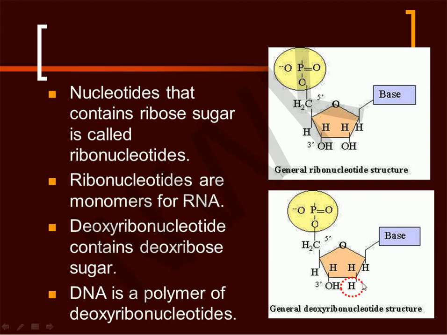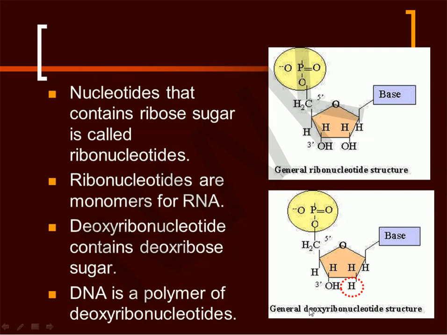So that's why in DNA this 5-carbon sugar is known as deoxyribose sugar, while in RNA this sugar is known as ribose sugar, or ribose. The difference is that in DNA, the 5-carbon sugar at carbon number 2 has H only, without oxygen. That's where the term deoxyribose comes from.